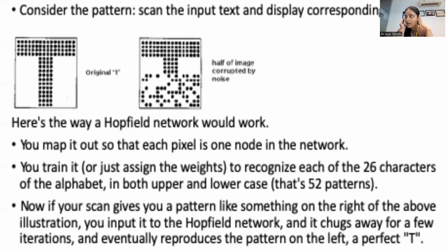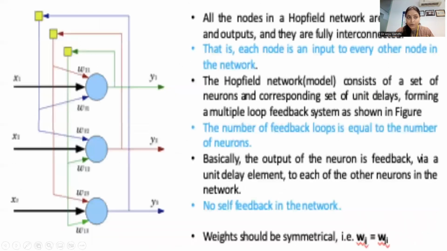We are humans with a strong brain. We can identify that it is T, though it could be an I also. But how can a machine? It can be done with the help of the Hopfield network. It will be able to identify that this is the alphabet T. How it is able to do it, we will discuss that also.